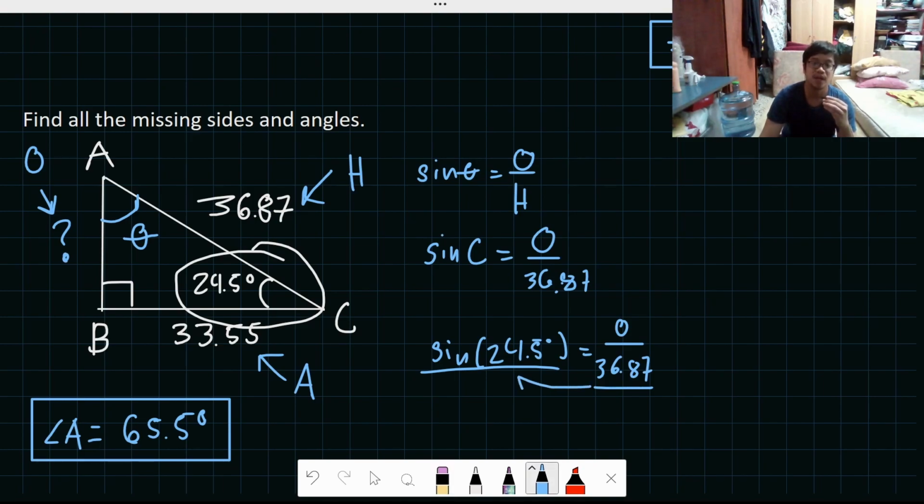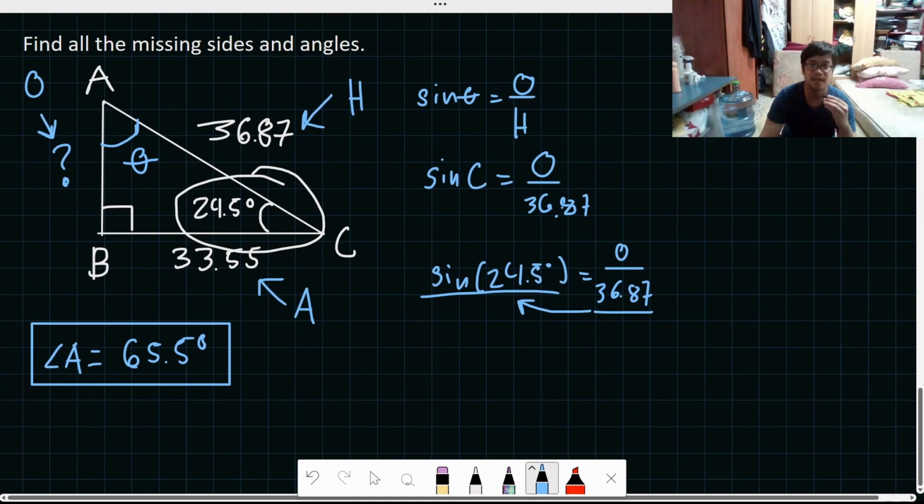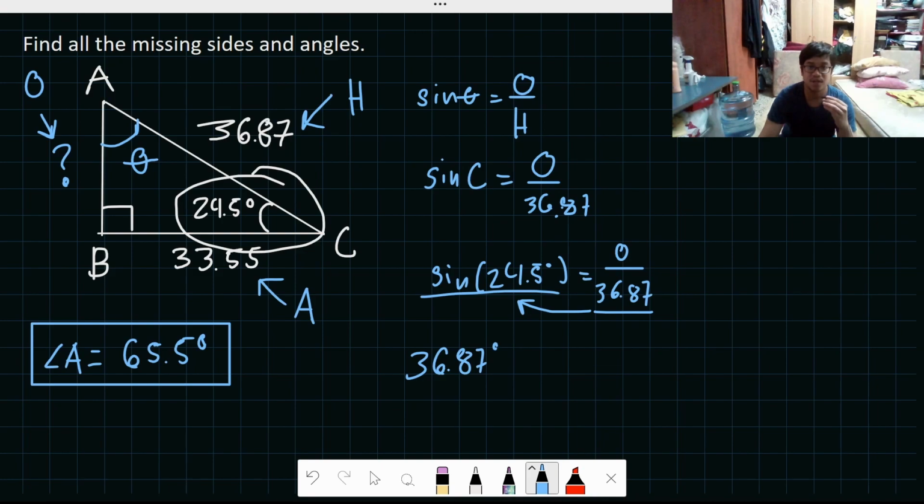and only one missing variable, which is your opposite, we can find your opposite by putting 36.87 beside sine. So we will have 36.87 times sine of 24.5 degrees is equal to opposite.